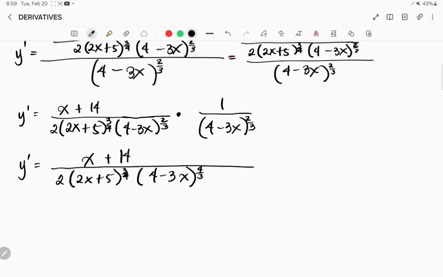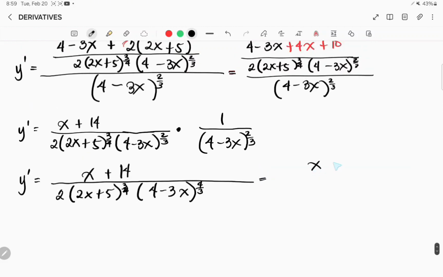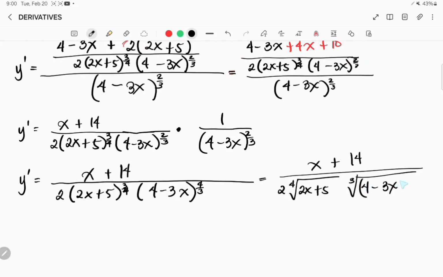As we simplify in the radical form, it will have x plus 14 over 2 times the fourth root of 2x plus 5, and third root of 4 minus 3x raised to 4.